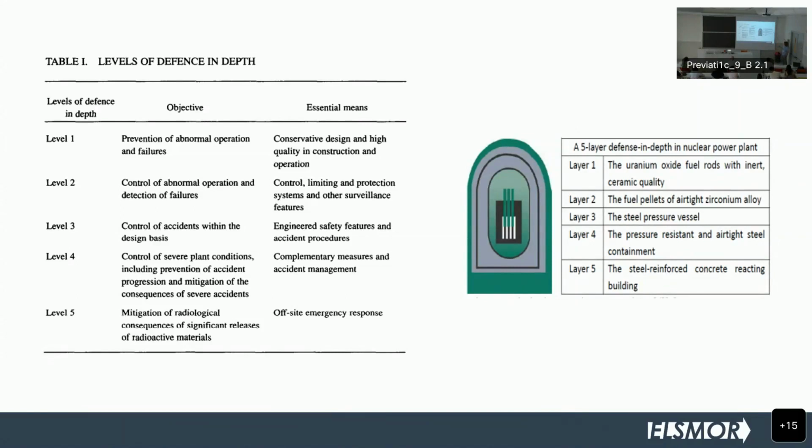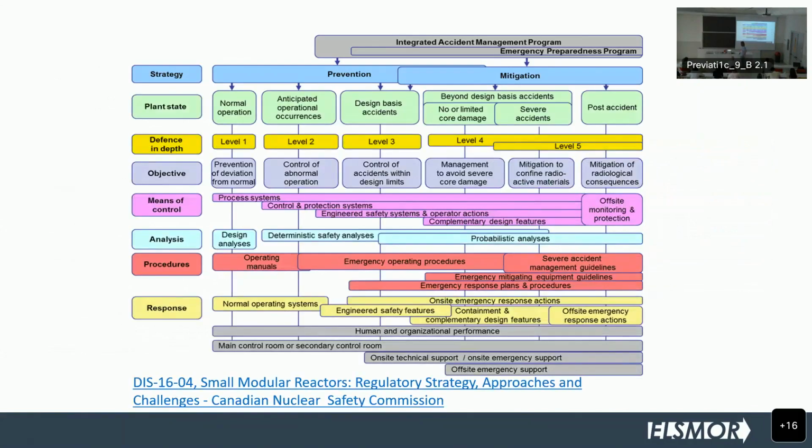Uranium dioxide pellets and the cladding are the first two physical barriers. I always want to talk about physical barriers because this is what I've been researching all the time with fuel. And then of course we have the steel pressure vessel and containment and so on. It has basically defense in depth.